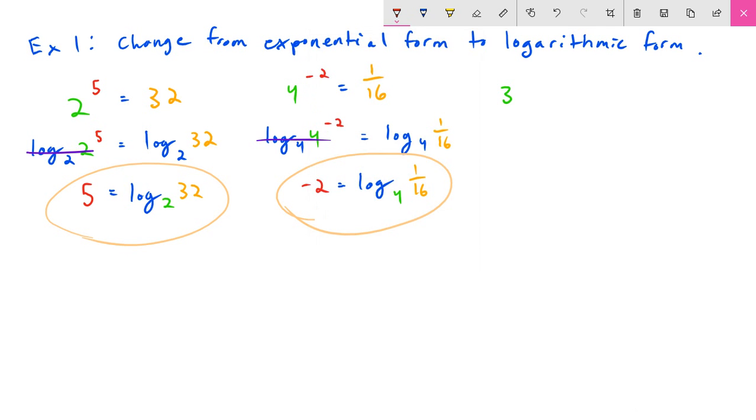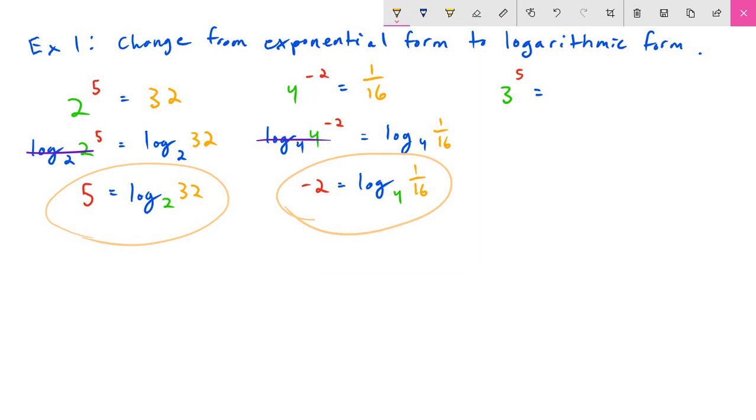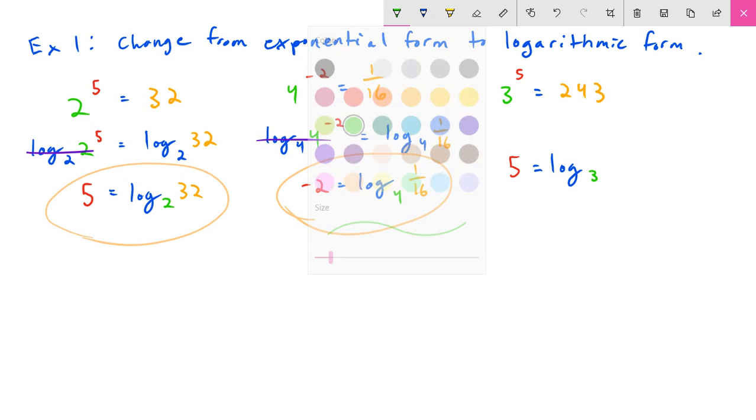So, for example, if I told you 3 to the 5th equals 243, could you just get the answer right away in logarithmic form, without doing the step in between? What is it? 5 equals log base 3 of 243. That's right. And you just got the answer.